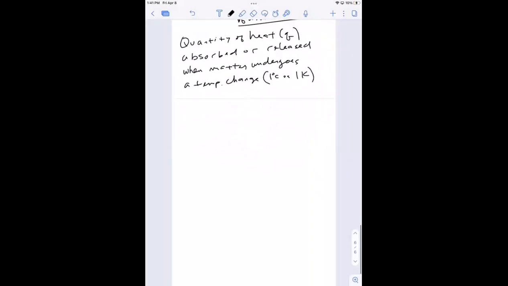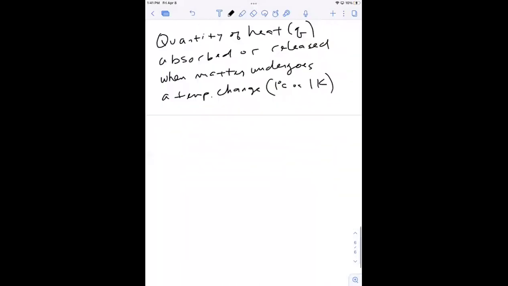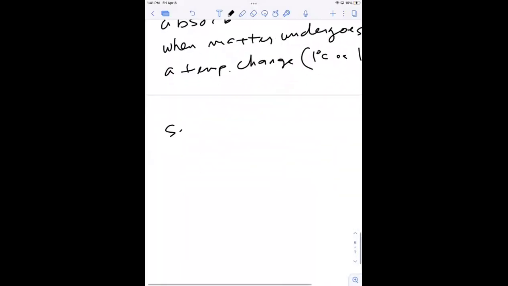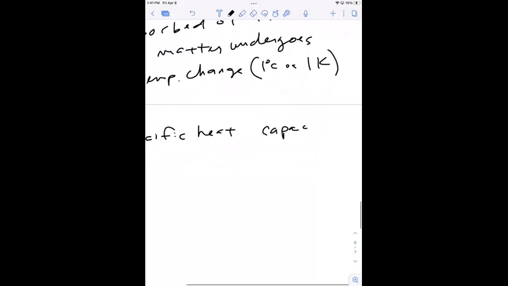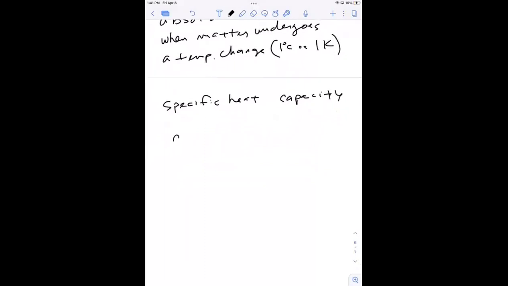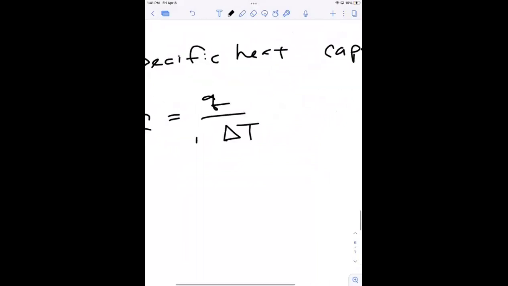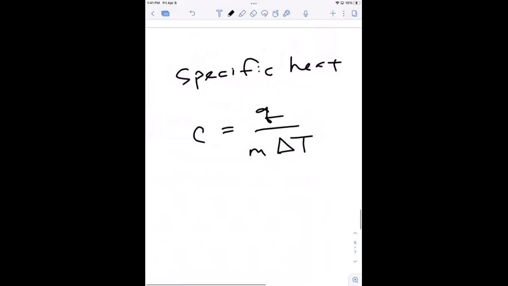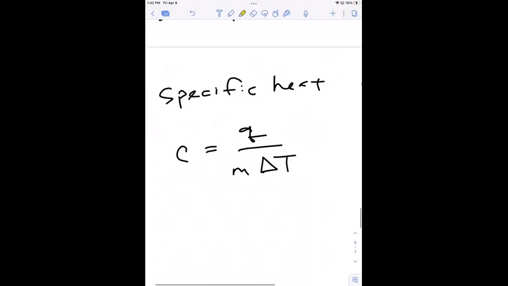That's a new page right there. So this is heat capacity. Well, now let's talk about specific heat capacity. That's a lowercase c. And it's Q, the same setup. The only difference is the mass is involved. And the mass is going to ensure that the specific heat capacity is specific to whatever the substance is, and it doesn't change with the amount.